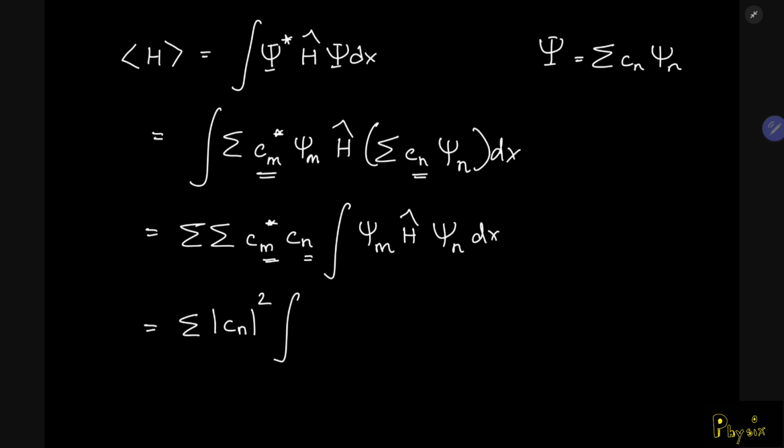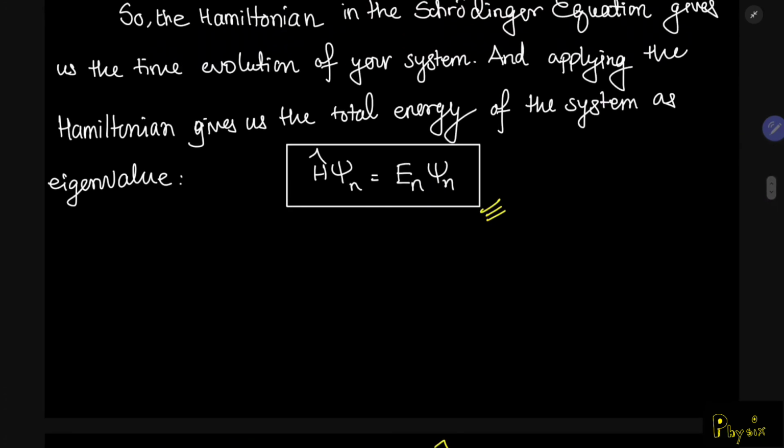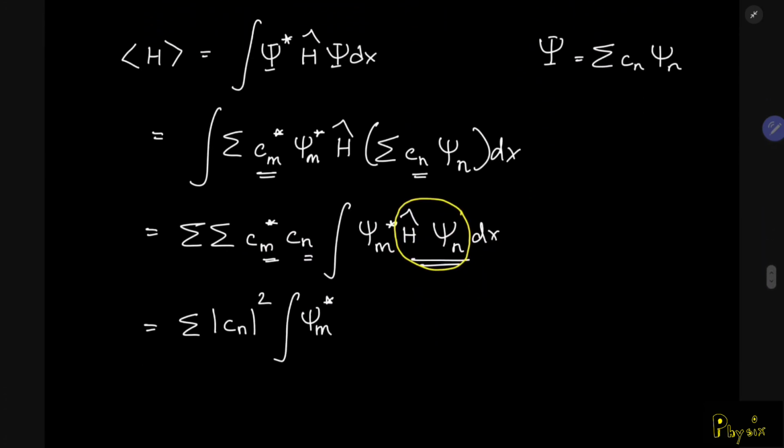And inside the integral we still have our psi_m, I should write this down as a star. I forgot to write that down. So we have psi_m star and the Hamiltonian applied to psi_n, right? And notice that this term, when we discussed the Hamiltonian being applied to psi_n, would just give us E_n psi_n, the total energy of psi_n.